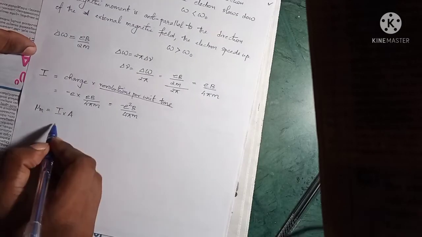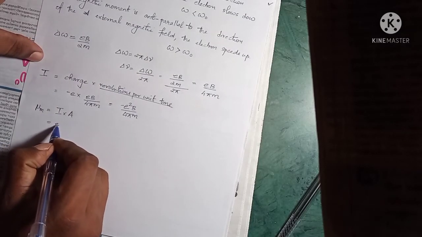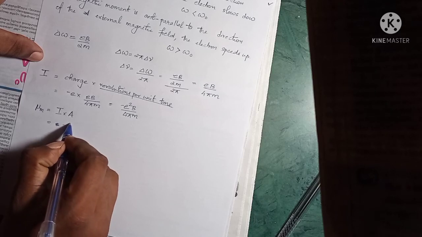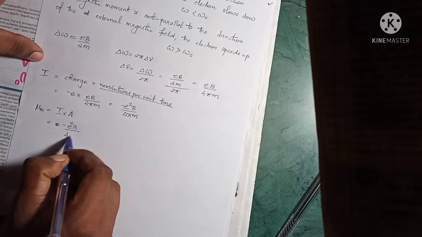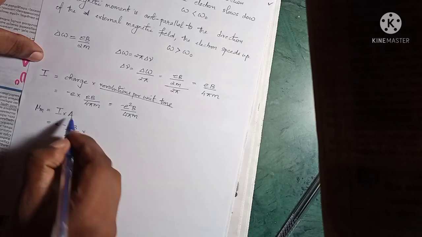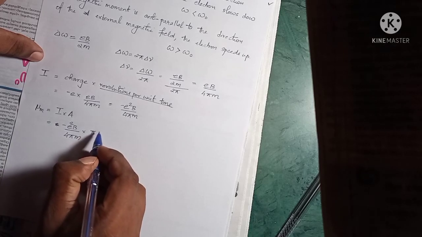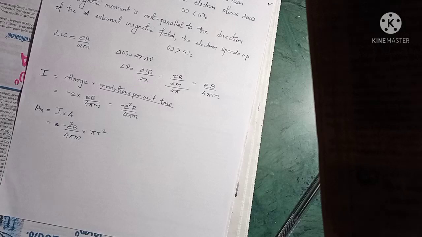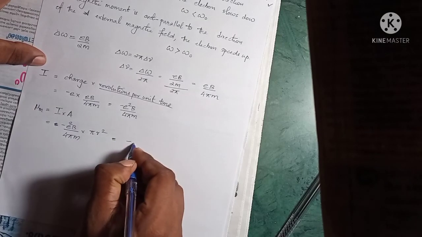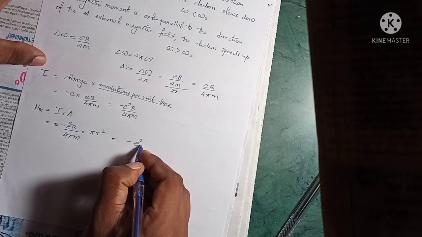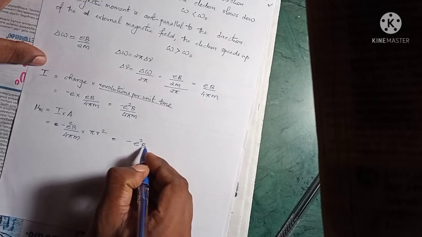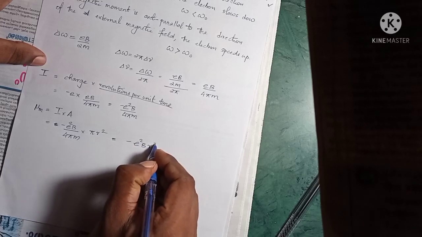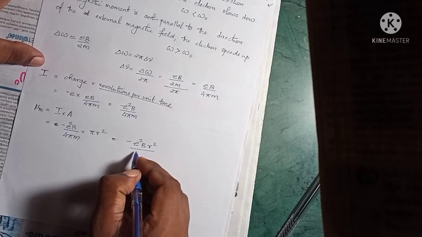Now substituting the value of I here, minus e squared B upon 4 pi m times area. The area of the circular orbit is pi r squared. This can be written as minus e squared B r squared upon 4m.